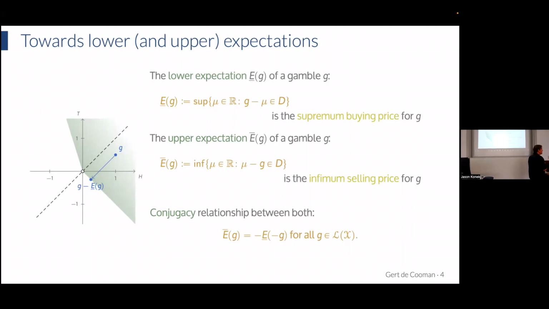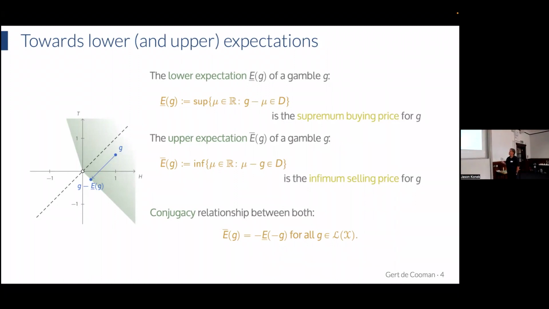And then the idea is I'm going to associate with this coherent set of desirable gambles two functionals, a lower expectation functional and an upper expectation functional. The lower expectation functional will be defined as a supremum buying price.